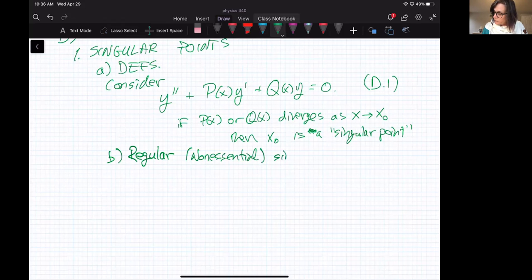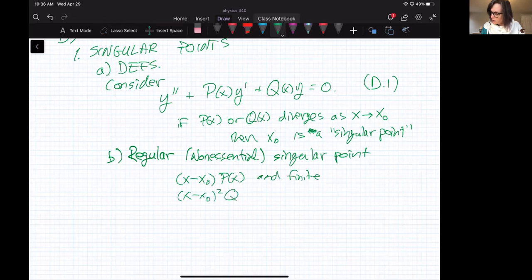A singular point would be something like, if we could take x minus x naught and multiply it by p of x, and that remains finite, for example, or x minus x naught squared times, say, q of x, and that remains finite.